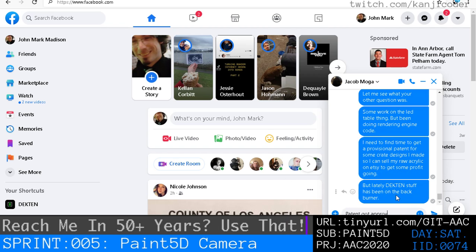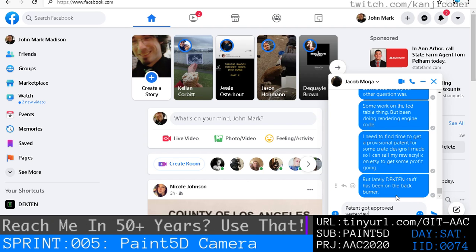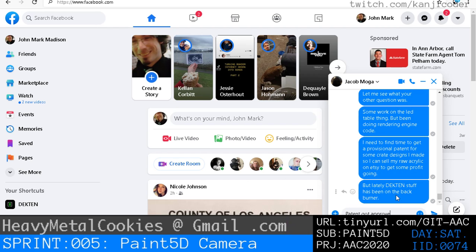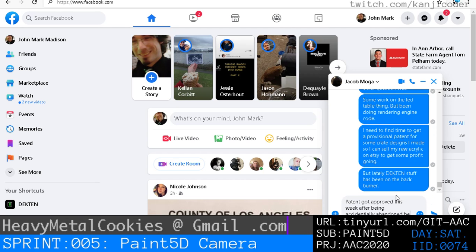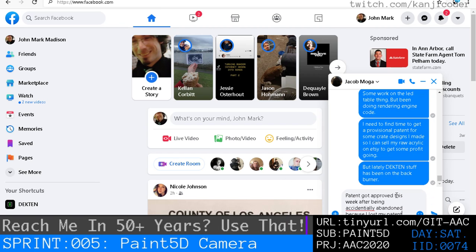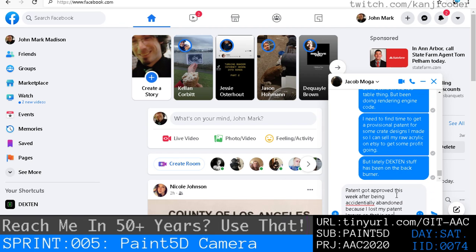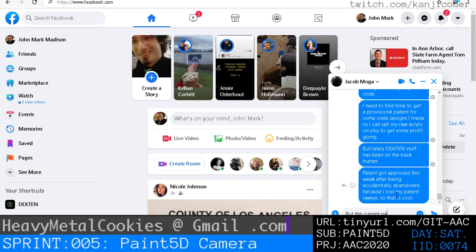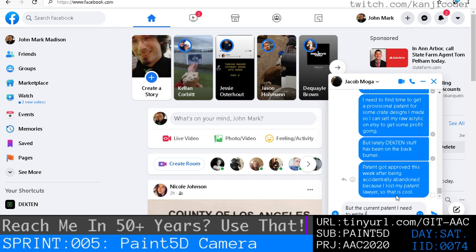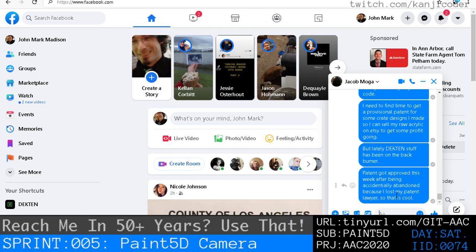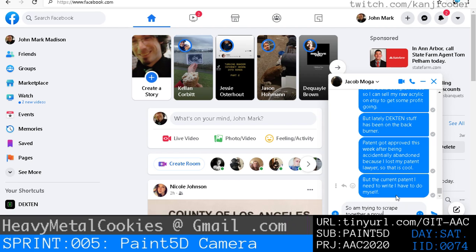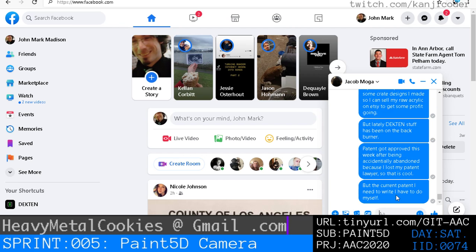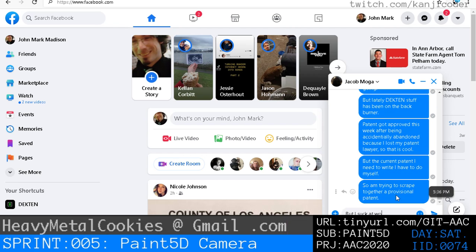Patent got approved yesterday. This week after being accidentally abandoned because I lost my patent lawyer. So that is cool. But the current patent I need to write, I have to do myself. So I'm trying to scrape together a provisional patent, but I suck at words.